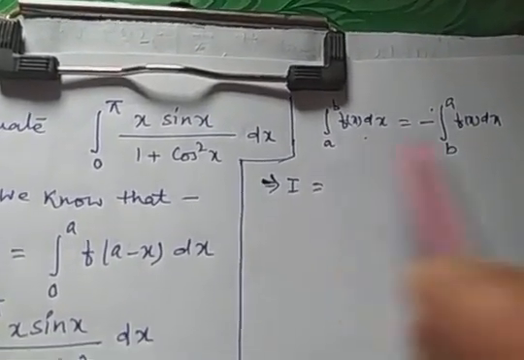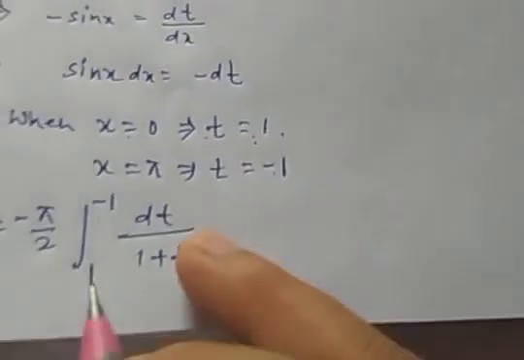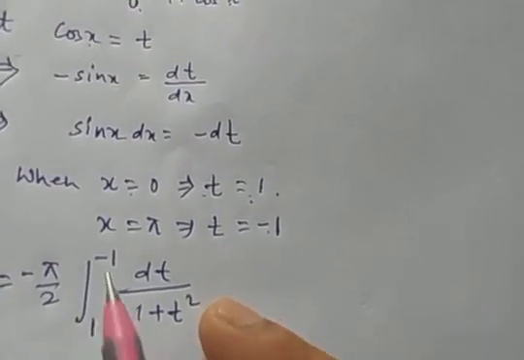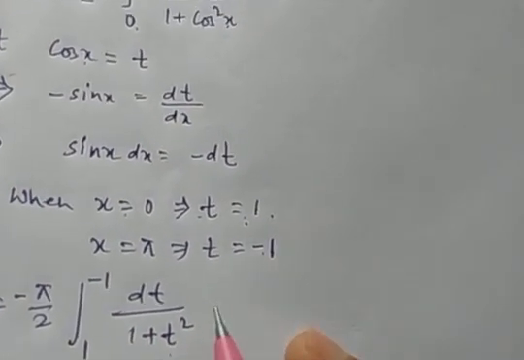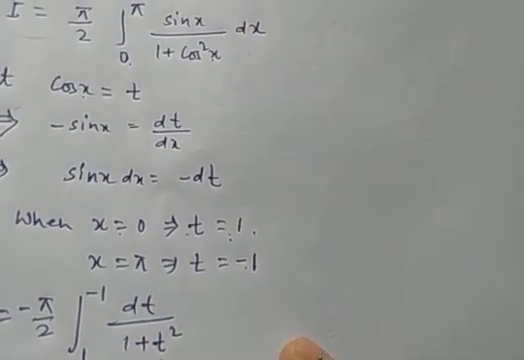Now students, using this property we can change here. We can write integration from 1 to minus 1 of dt upon 1 plus t square is equal to minus integration from minus 1 to 1 of dt upon 1 plus t square.